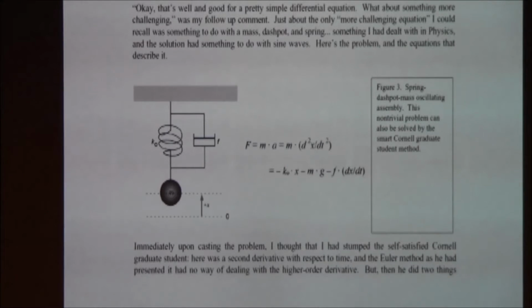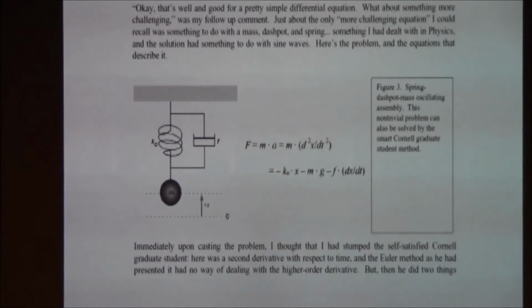It's a classic one from physics. A little mass here, a little spring, a little dashpot, in the presence of gravity, hanging. So the equations of motion for this. The net force on this mass is equal to the mass times the acceleration, which would be m times the second derivative of x with respect to t.